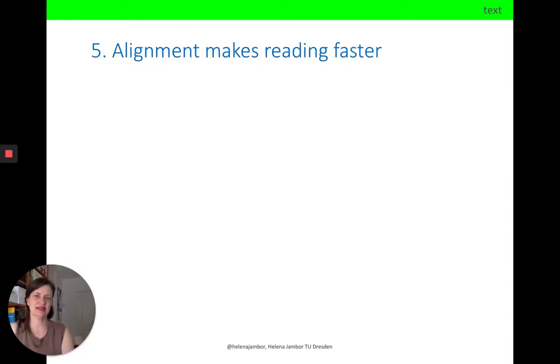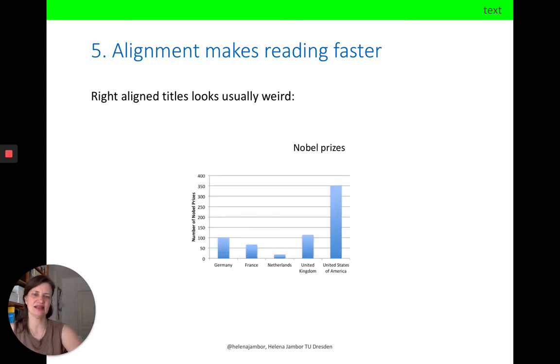But the next one is that all alignments make reading faster. So, for example, let's discuss titles. If we have right-aligned titles, that usually looks really weird, often looks cluttery, and is not readable. Why? Because our eyes start looking at a visualization exactly the same way as they look at text.